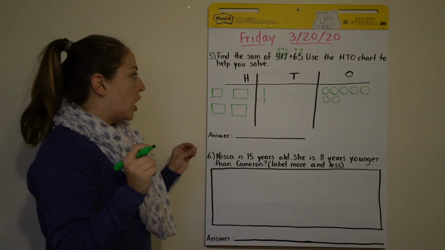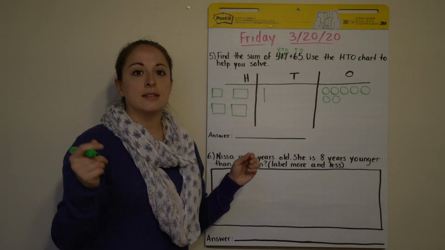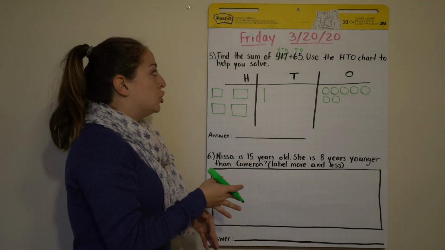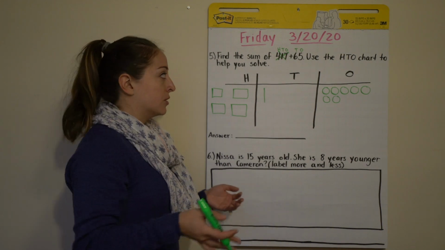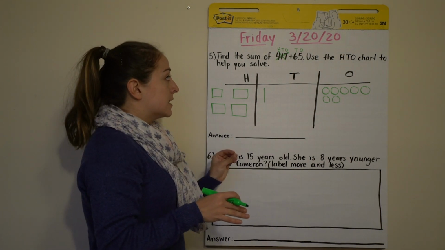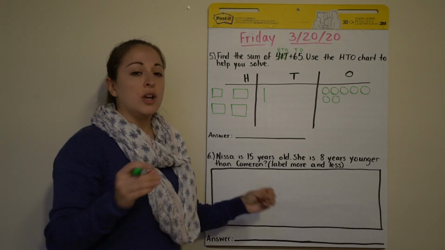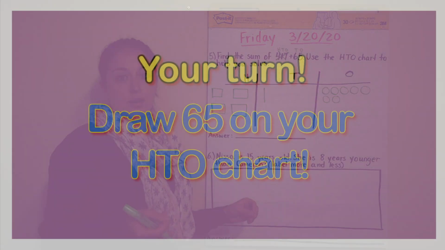And we're going to draw our next number, which is 65. So we don't have any hundreds for that number. So we have 6 tens and 5 ones. I want you to take a second to draw that on your chart.